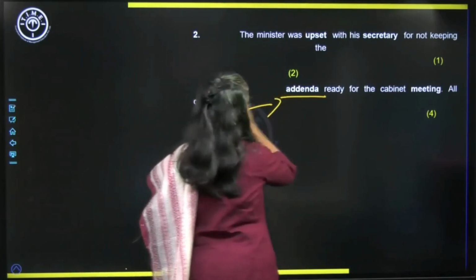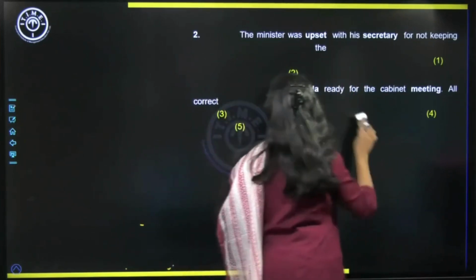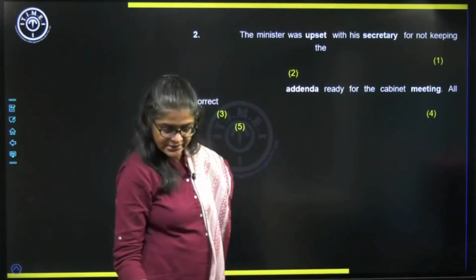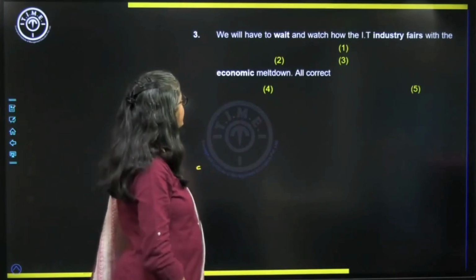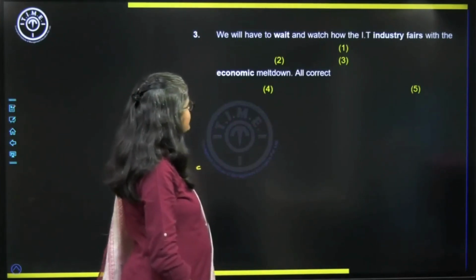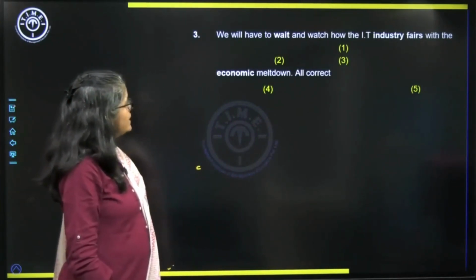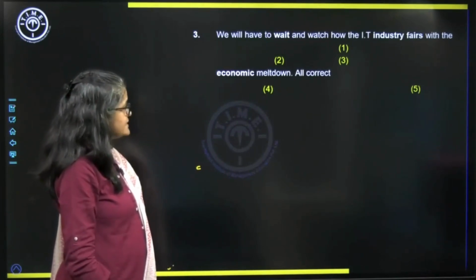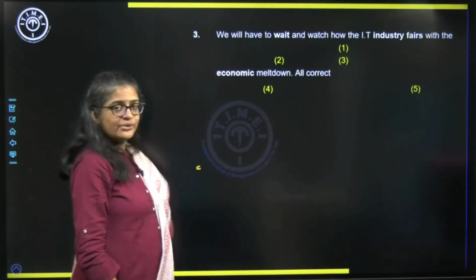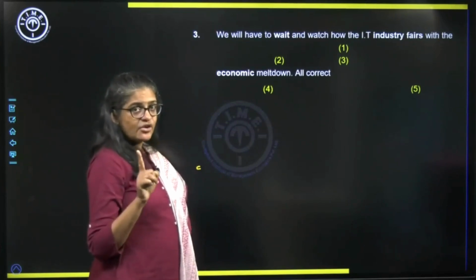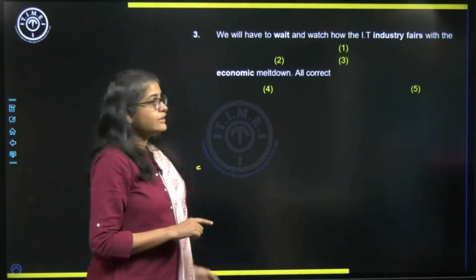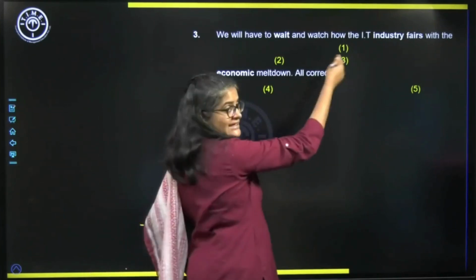Let's move on to the next question. We will have to wait and watch how the IT industry fares with the economic meltdown. When you read it, there is nothing wrong. You have to look at the spelling also. Fares is the plural of fare.